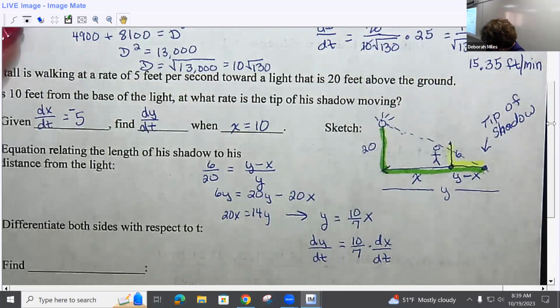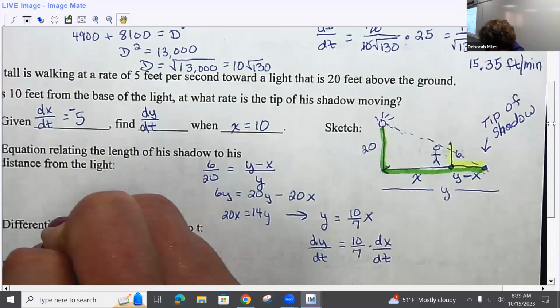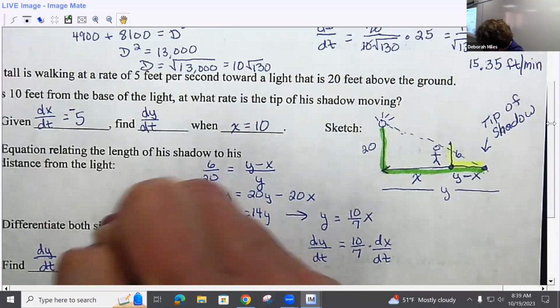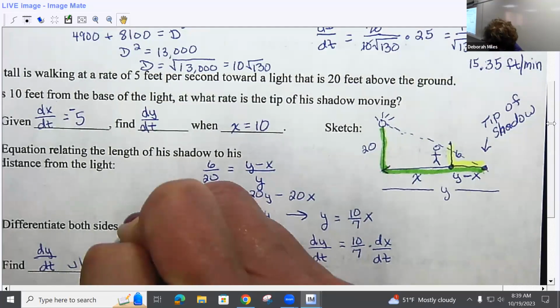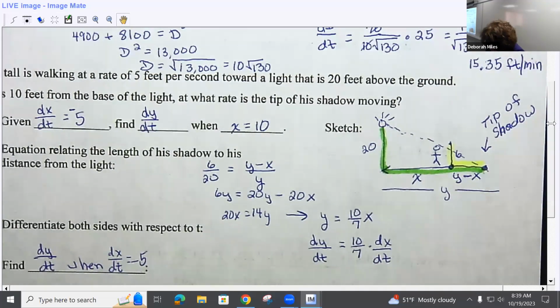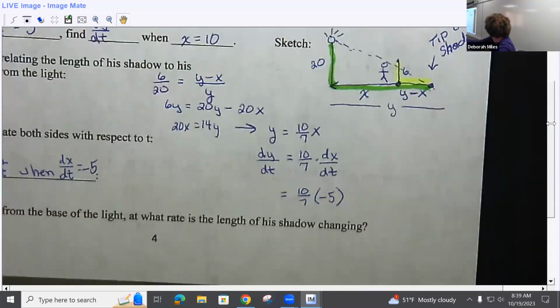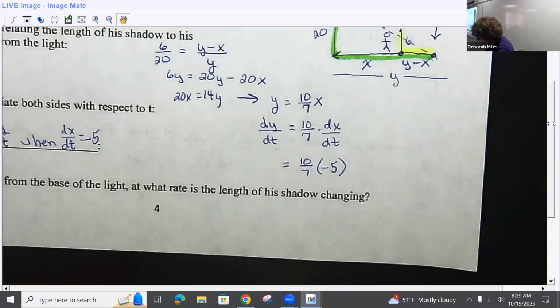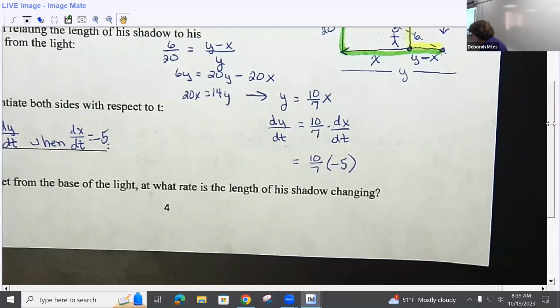Yeah, all I need to substitute to find dy over dt when dx over dt is -5 is 10/7 times -5. Yes. Wouldn't what suggest that? I'm still not understanding what you're saying.